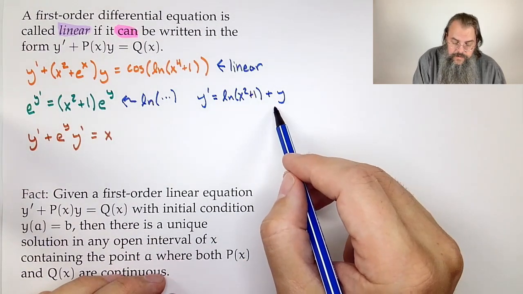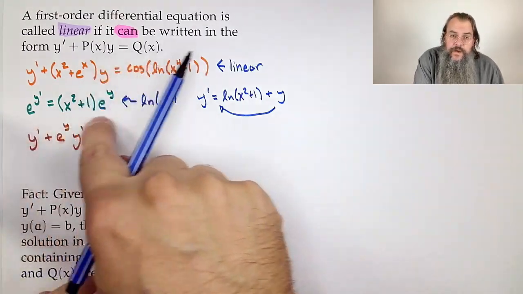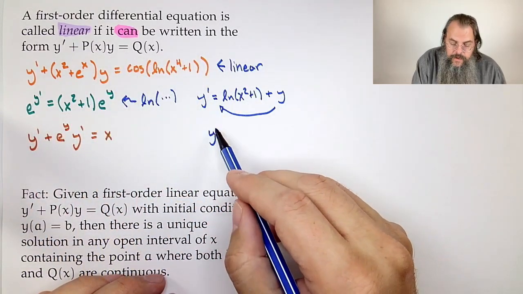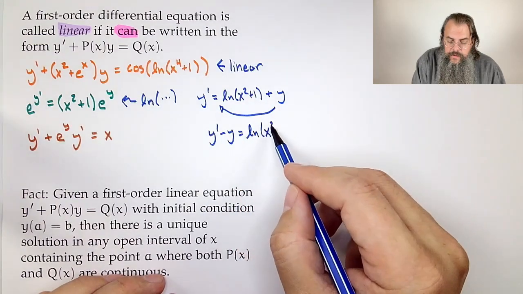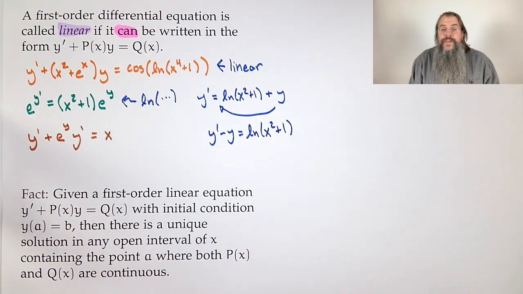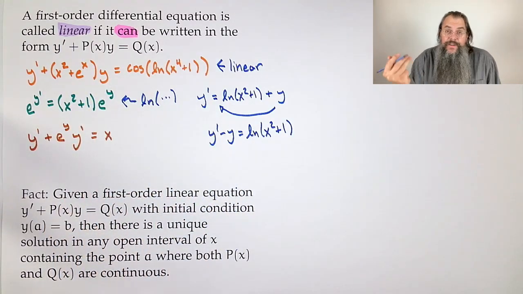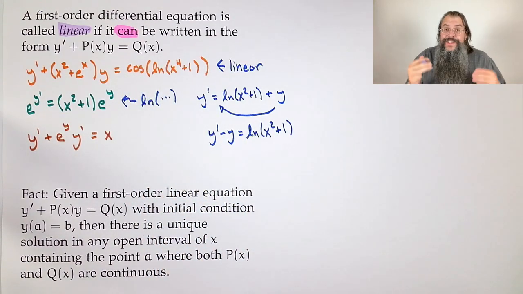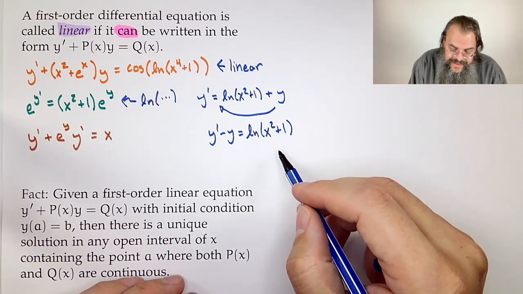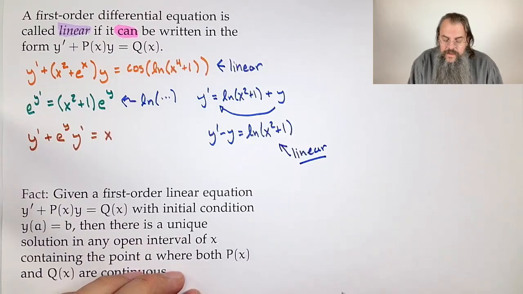And now we can move this across, and so we say, look, this equation can be rewritten in the form y prime minus y is the log of x squared plus 1. And that is exactly the right form. You have y prime plus p of x times y, where p of x in this case is just minus 1, but that's still fine, equals some function of x. So, is it linear? And the answer is yes. This is definitely linear. Good.